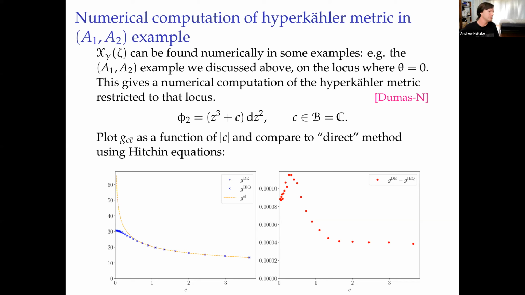So far out on the moduli space, that's actually a very good approximation. But close into the center, where these BPS particles get lighter and lighter, the central charges get smaller and smaller, their contributions become more and more important. And on the right are the residuals. So the residual is pretty small.